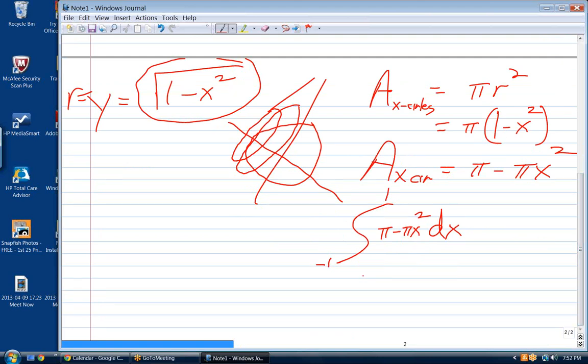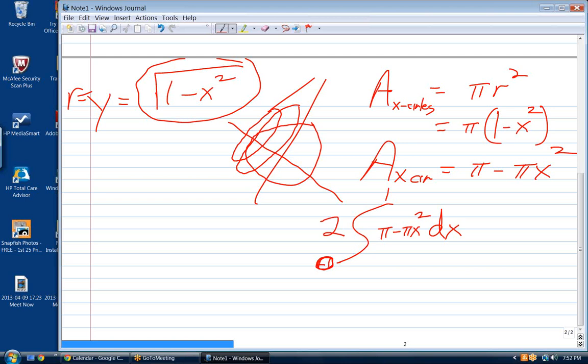Okay. It would be... Now one thing, let me just state one thing before you integrate it. Because everything is symmetrical here, I know that if I go from 0 to 1 and multiply the whole thing by 2, it's the same answer.